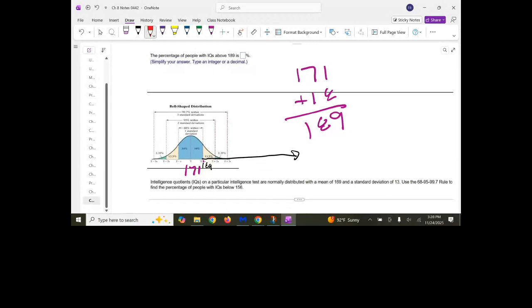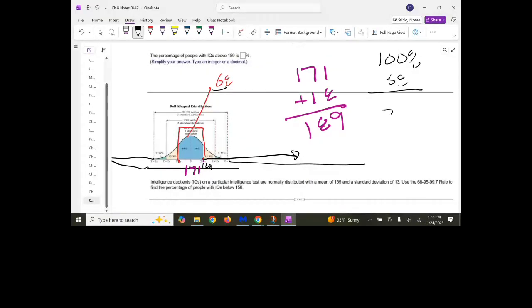Again, look, y'all, that middle block right there is 68%, right? Remember what the whole thing represents? The whole thing represents 100%. Let's subtract that middle piece. So 100 minus 68 should be 32%.